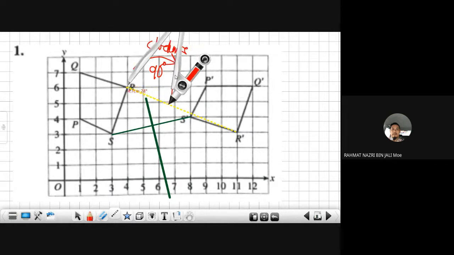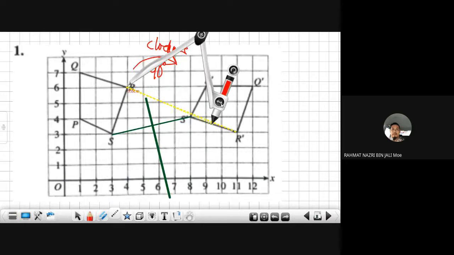Okay, and then open your compass. We have to open more than half. And then we draw the arc. Okay, I close it a little, and then draw the arc.